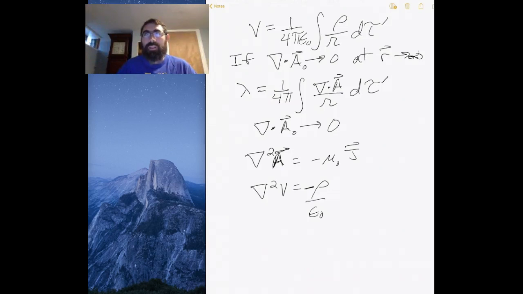So basically, what I'm waving my hands around is the fact that I'm setting up the problem such that the Laplacian of my potential function, whether it's vector or scalar, is equal to the source of the phenomenon. And the way that I'm doing that is by assuming that the divergence of a vector potential is going to go to 0.